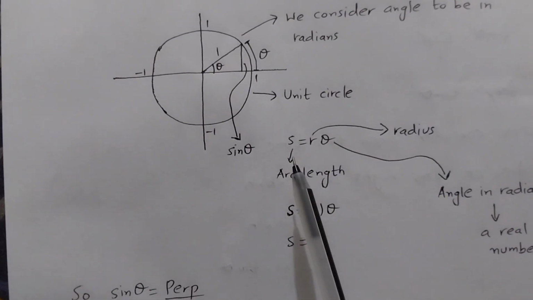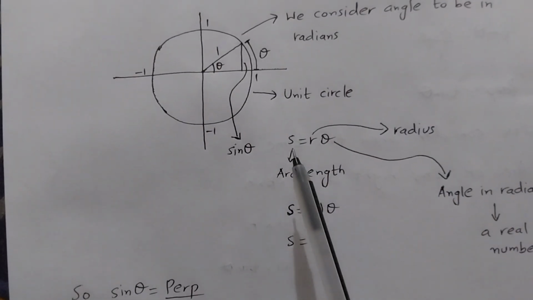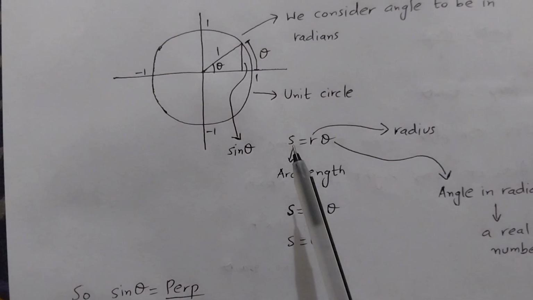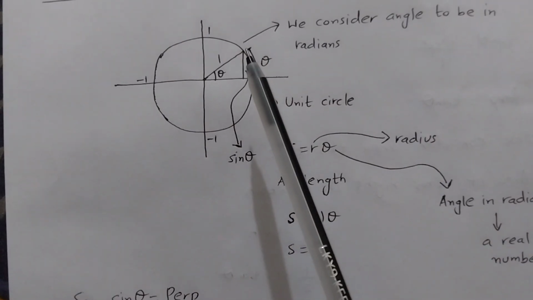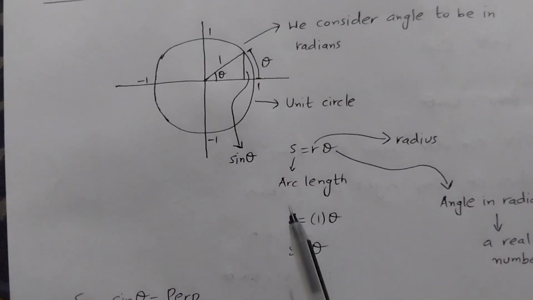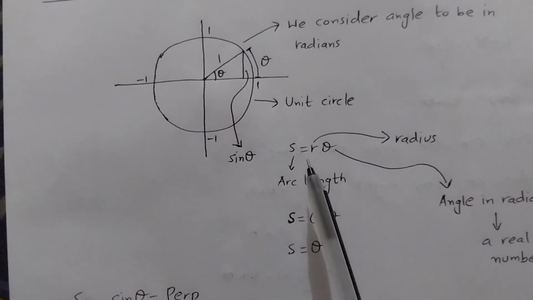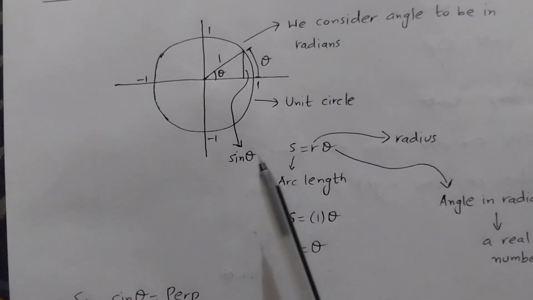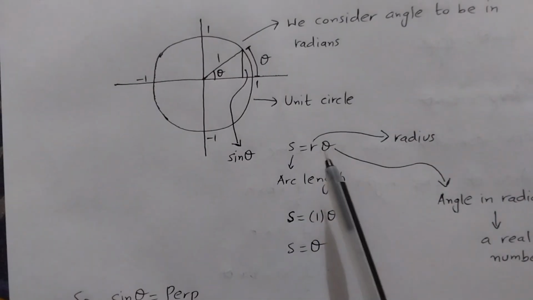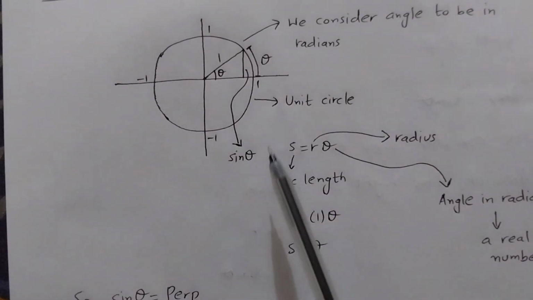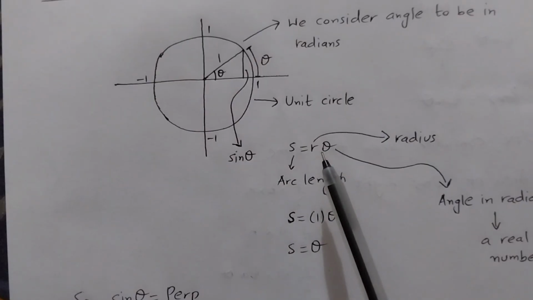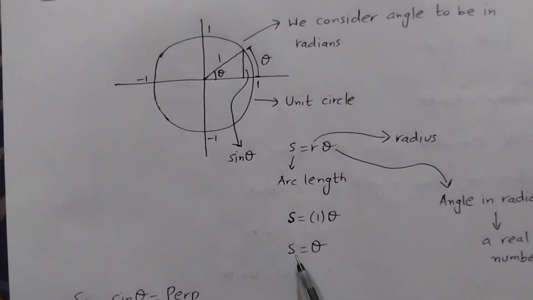Because when we use the formula S is equal to r theta, S is basically the arc length, this length from this point till the axis, and r is the radius of the circle, which is 1 in this case because it's a unit circle, and theta is our angle in radians. So when we put r equal to 1, we get S is equal to theta.